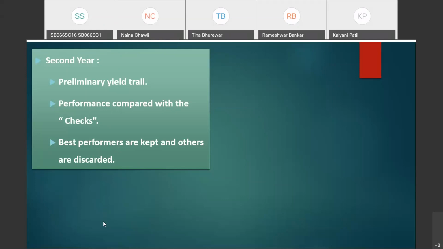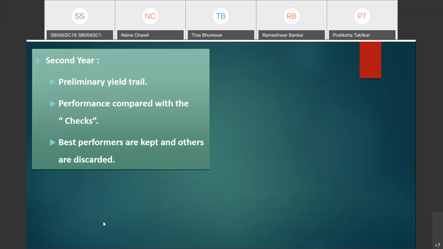Okay, in the second year the preliminary yield trials are carried out. The composited seeds, the seeds which are composited in the first year, are sown in the field along with the existing superior variety. The existing superior varieties are called the checks, and this is done for comparison.